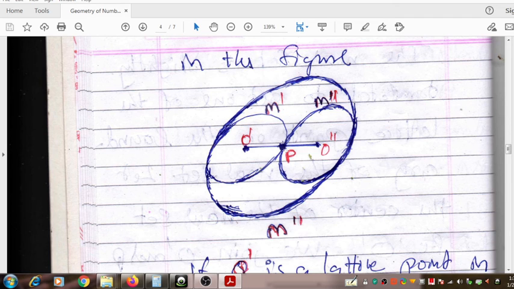But you have to exclude the point P, which is shared by the Minkowski sets M prime and M double prime. Since all of these points are well inside the bigger M set, we can state that there exist n minus 1 pairs of lattice points inside the M set having area 4A.